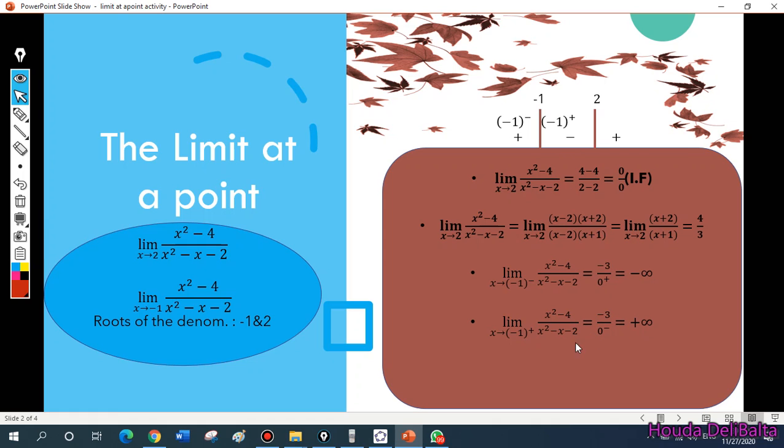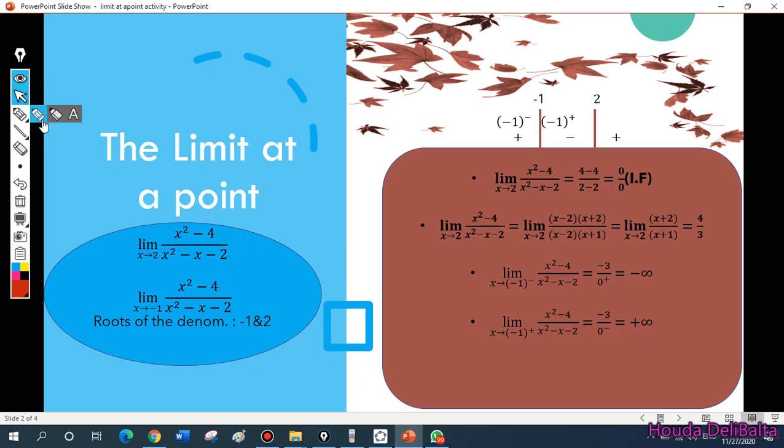Again, we directly put 0 for the denominator because minus 1 is a root of the denominator, and thus we put 0 minus because here we have a minus sign. Now minus divided by minus is plus, and 3 divided by something approaching 0 is plus infinity.